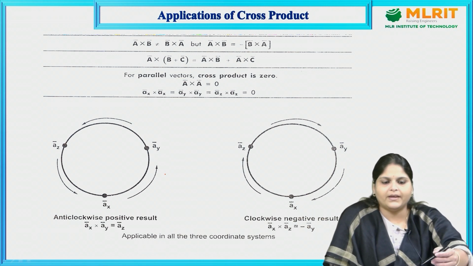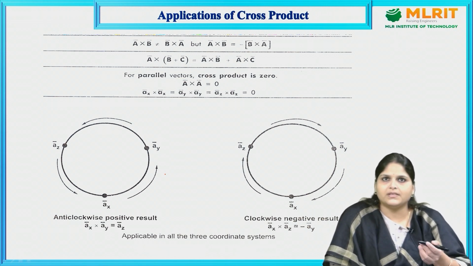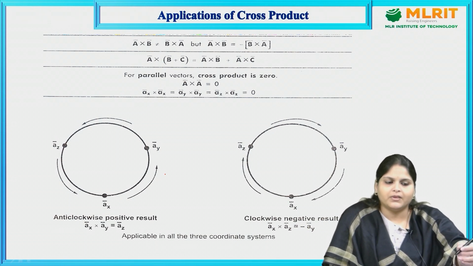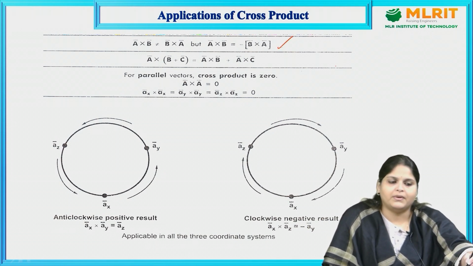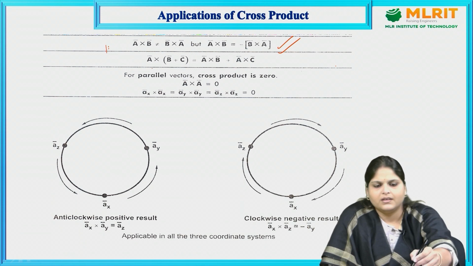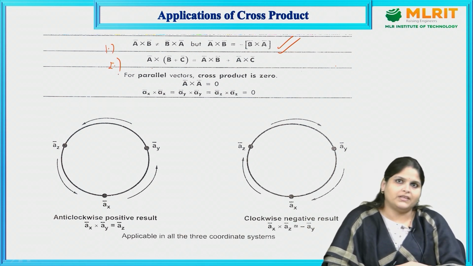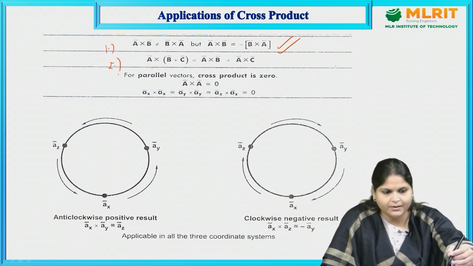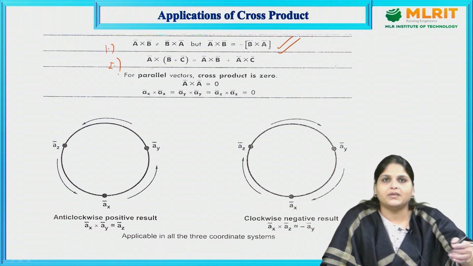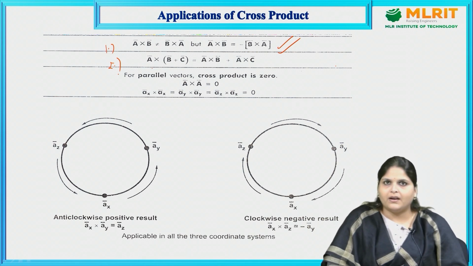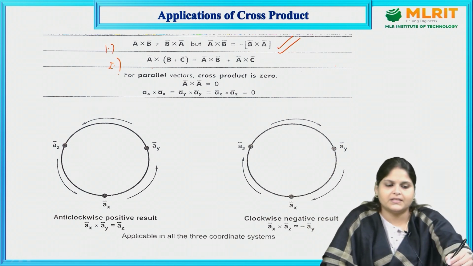Some properties are there, or you can call them applications also. A cross B is not equal to B cross A. We have already discussed it: A cross B will be equal to minus B cross A. Another one is A cross (B plus C), the distributive property. Is it applicable here? So it becomes A cross B plus A cross C. And for parallel vectors the cross product will be 0.